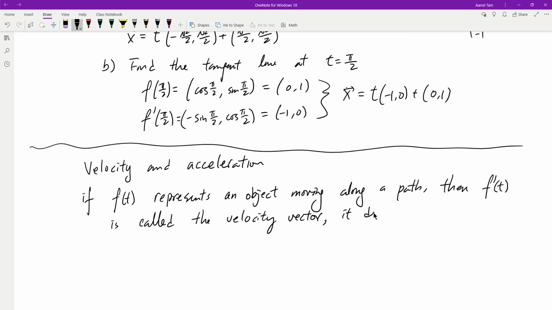And because of that, it defines the direction of movement of this object.